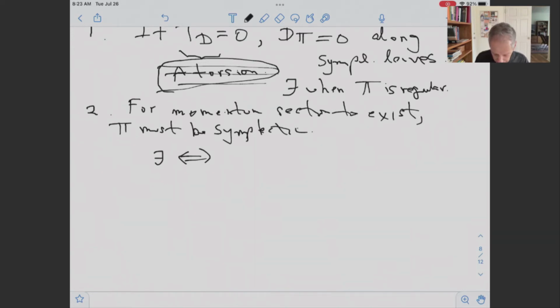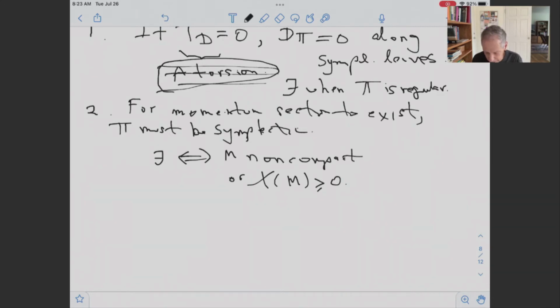If either M is non-compact or, if it's compact, the Euler characteristic is greater than or equal to 0. And the point of that is that if the Euler characteristic is greater than or equal to 0, or M is non-compact, we can find a vector field whose zeros all have index 1.